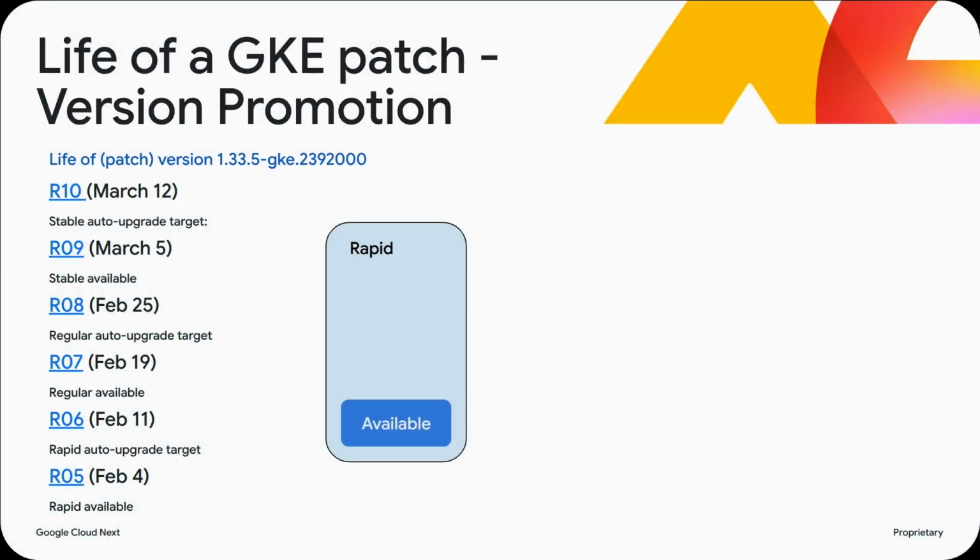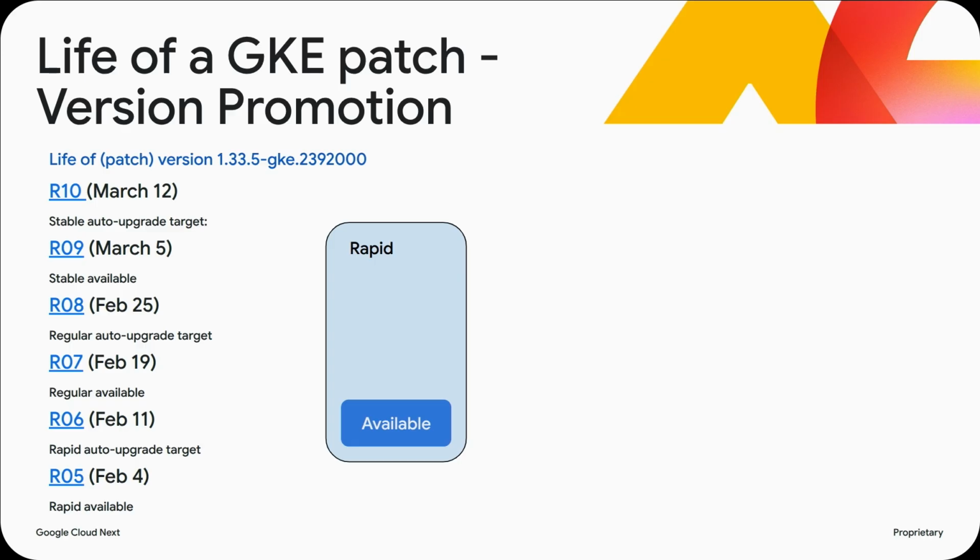So when we look at the life of a GKE patch, the way it works is that we are first going to introduce it in rapid. In this case, we have an example: in R05 on February 4, we introduced 133.5 in rapid. And then it's going to take, in the best case scenario, 5 weeks to go from the state of rapid available all the way to the stable auto-upgrade target.